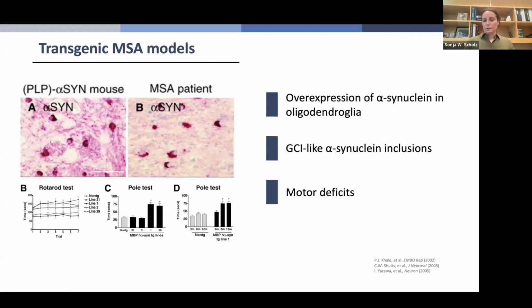And also these animals have a lot of the problems that we do see in patients, such as having problems with their motor control. And so a lot of the studies that have been going on, and are still going on, are based on using these particular transgenic animal models. So the genetics has actually been quite helpful in that regard, as a way to study what's actually happening.